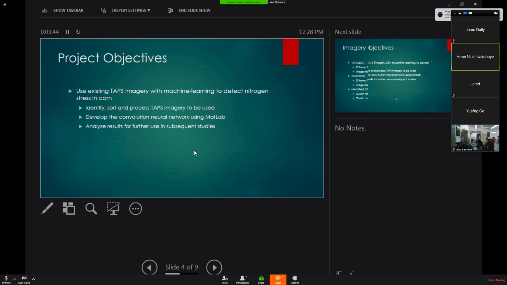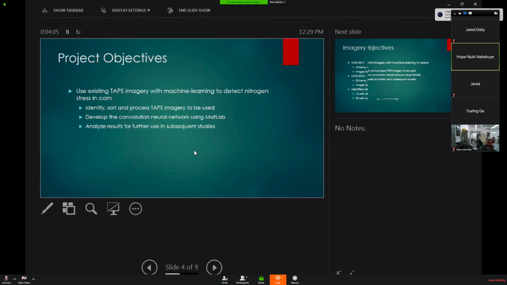So our objective is to use this existing TAPS imagery that we have from the project. We took quite a few pictures, but we'll see some more information about that in a minute. We want to use this machine learning or neural network to try to detect this nitrogen stress.